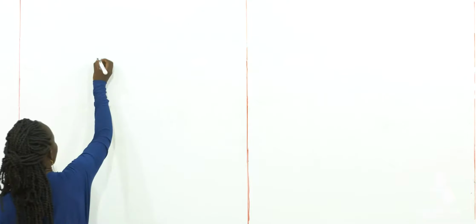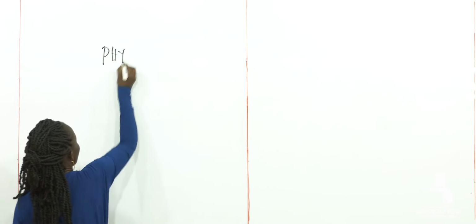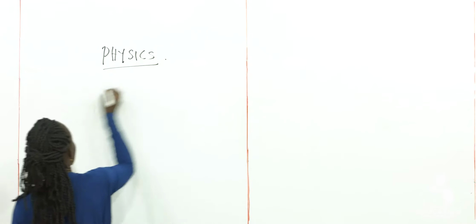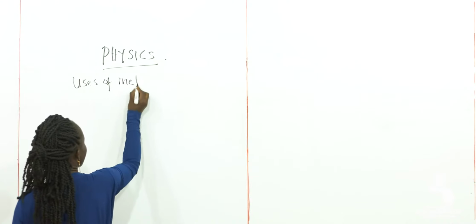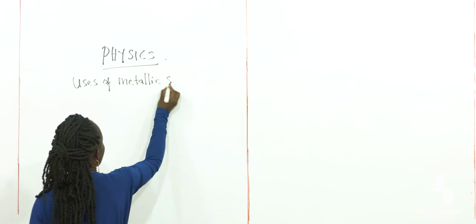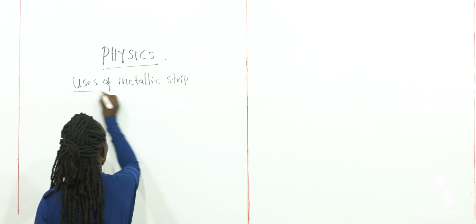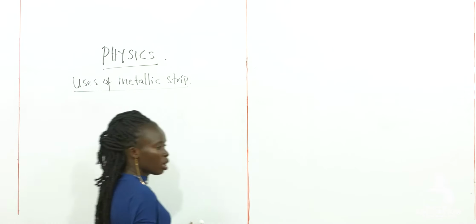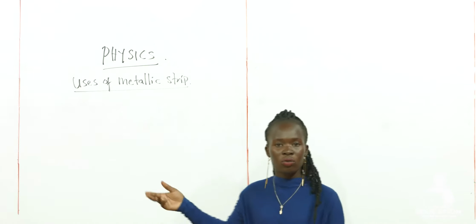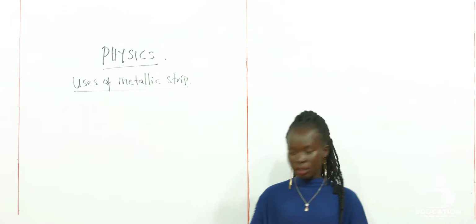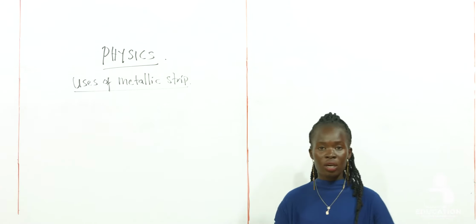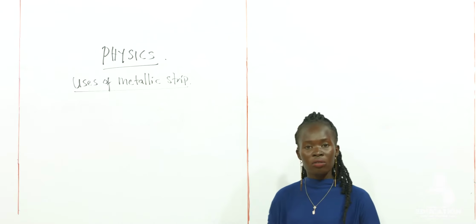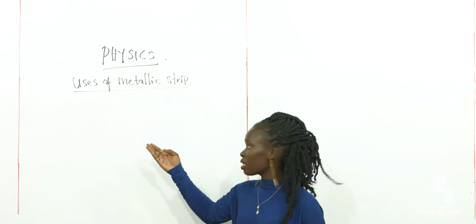So if we combine two metals, as we said, metals that have different expansion rates, how can we use these metals, which is the bimetallic strip?